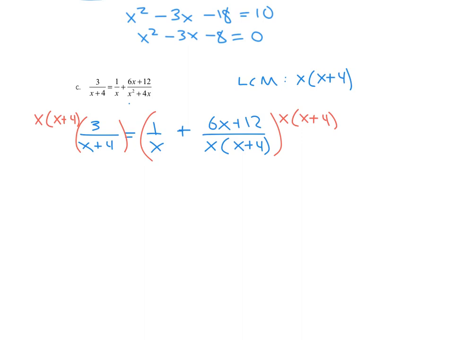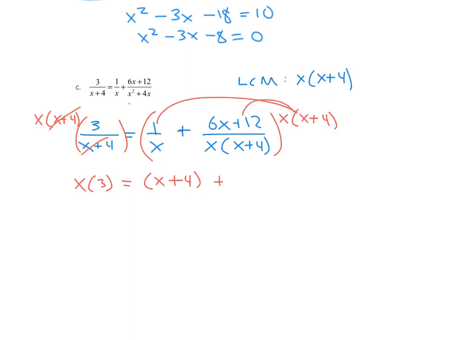And we distribute. So on the left side, the x plus 4's cancel out, and we're left with x times 3. On the right side, when I multiply by 1 over x, the x's cancel, and I get 1 times x plus 4, which is just x plus 4.